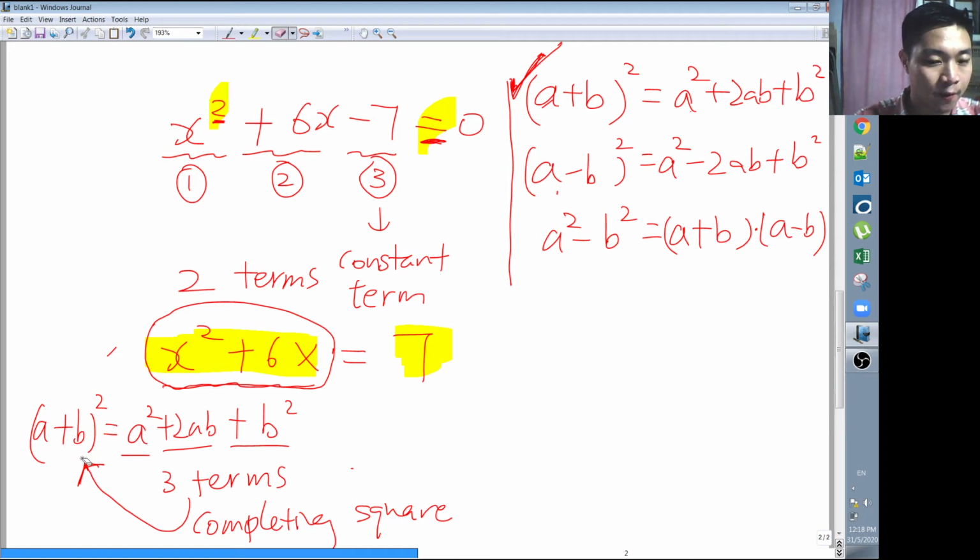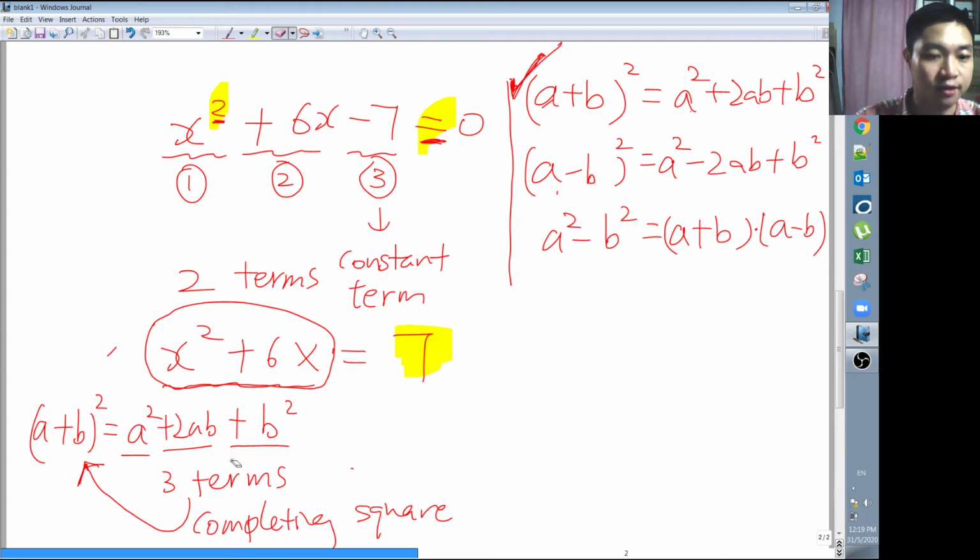So how do you complete square for the two terms here? You need to introduce one more term on top of these two terms so that you can complete the square. This is the key concept here: in order to complete the square, you need three terms.